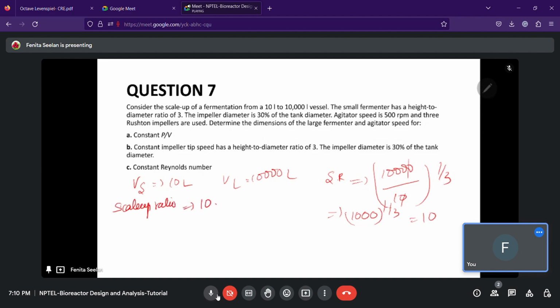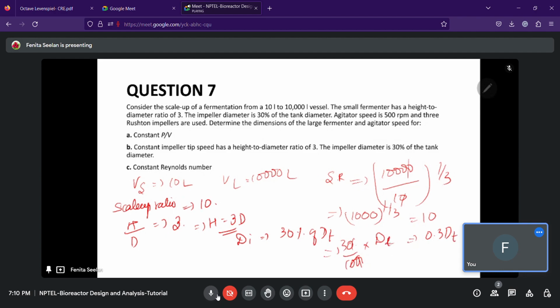is 10, and your H by D for your small reactor is 3, meaning your H is equal to 3D. And you were also told that the impeller Di is 30% of dt, which is 0.3 dt.